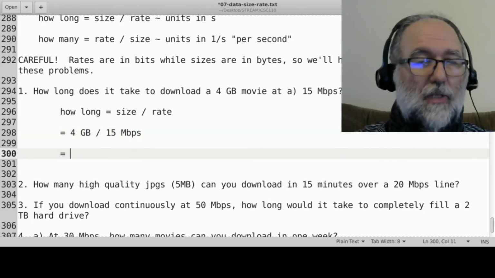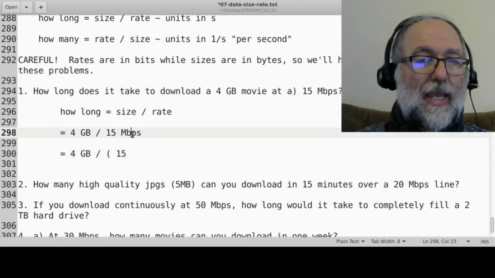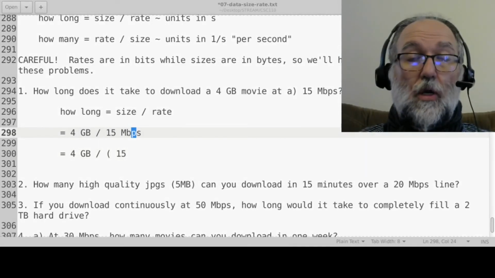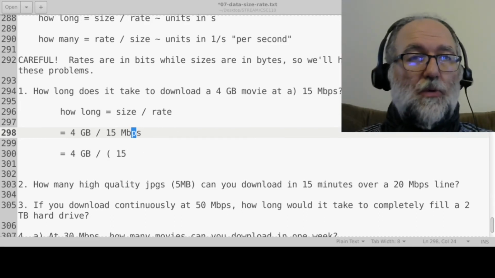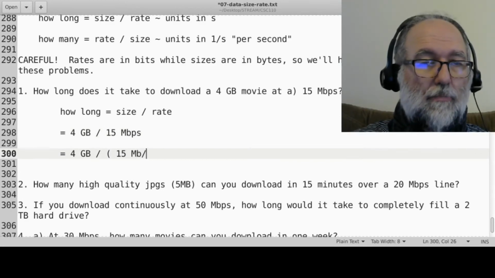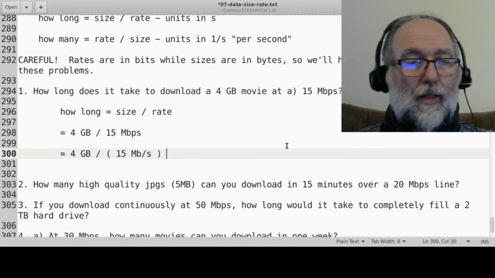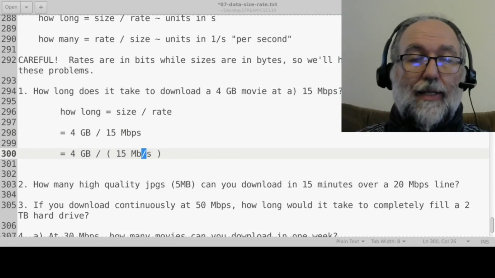Now the way to do this is write down 4 gigabytes here and 15. We'll actually put brackets around this, 15, and the P here is per, okay, and per means divide. And so immediately write this unit in this form here, megabits per second, like that. Okay, megabits per second. So you see that I converted that P to a division sign.